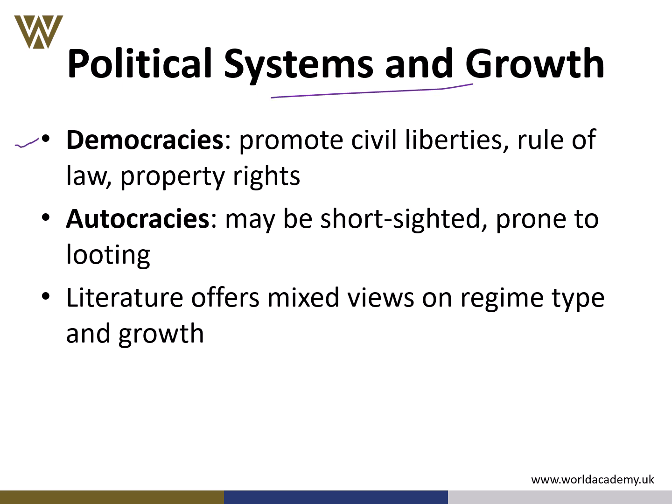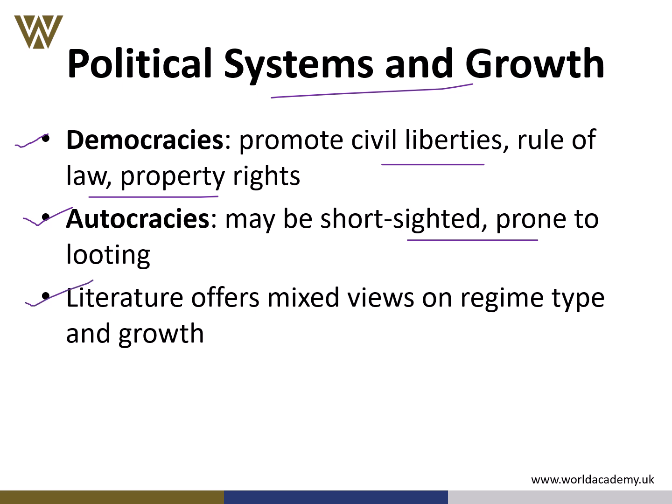First and foremost, the different political systems, democracies to begin with. They promote civil liberties and rule of law, and property rights are established and executed in a transparent fashion. Then comes autocracy as a political system, which may be short-sighted or individual-aligned, prone to looting.